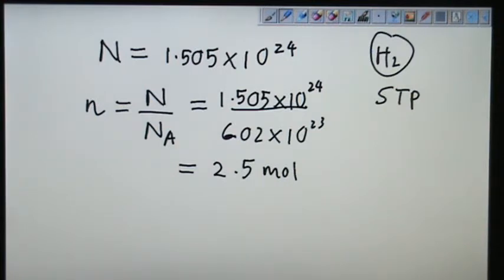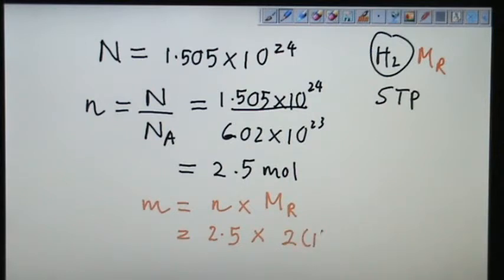Let's just imagine that the question is not wrong. They ask us to find mass, which we can find quite easily. Remember, number of mole times molar mass. So I put 2.5 times the molar mass of hydrogen gas, which is 2, because 2 times 1, 2 pieces of atom. This will give you 5 gram.